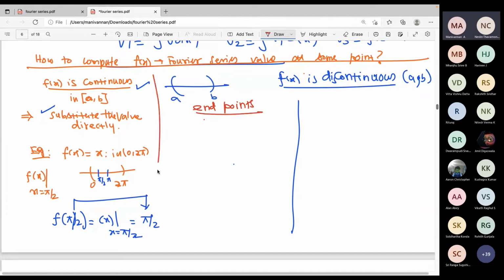This is case 1, and this will be your case 2, and this will be your case 3. Cases 2 and 3 are under discontinuous functions.